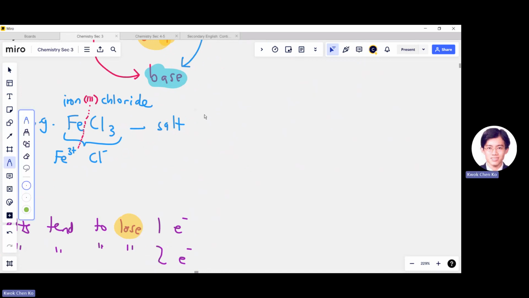But just to expand on what Sabrina mentioned, so if I have iron 2, let's say this. I want the name. I want the ions.